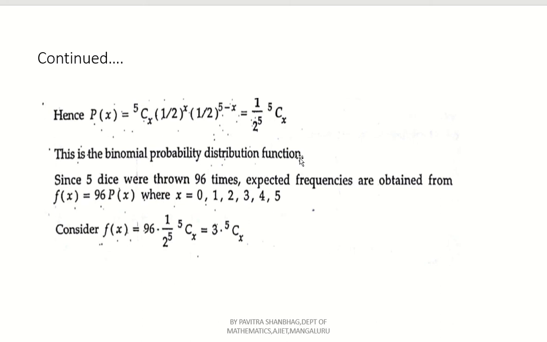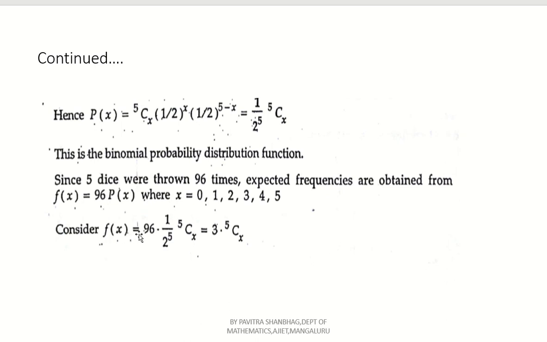Now let us discuss the next part. Since 5 dice were thrown 96 times, what is the actual frequency? 96 into this function you have to consider. Let it be f(x) equal to 96 into P(x). Now when x equal to 0, what you will get? When x equal to 1, what you will get? When x equal to 2, what you will get? You have to check and mark it in the table directly.